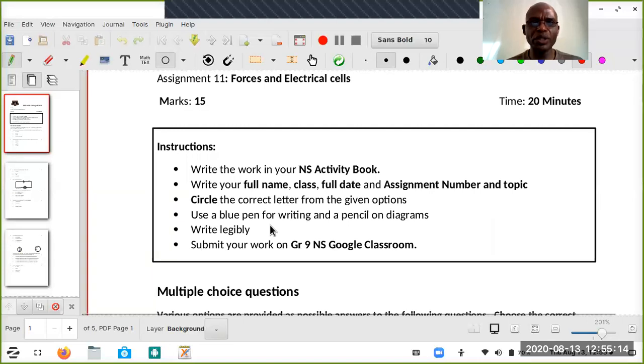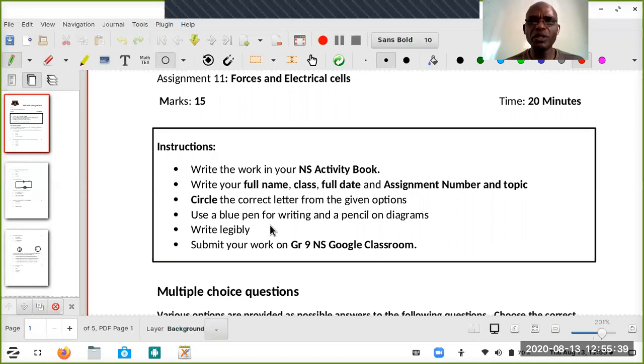It's very, very important. You are supposed to write the work in your NS book, and write your full name, your class, your full date, assignment number, and topic. Yes, it is your book, but you're supposed to write your full name at the top so that when you submit your script on Google Classroom, we can easily identify you, right?